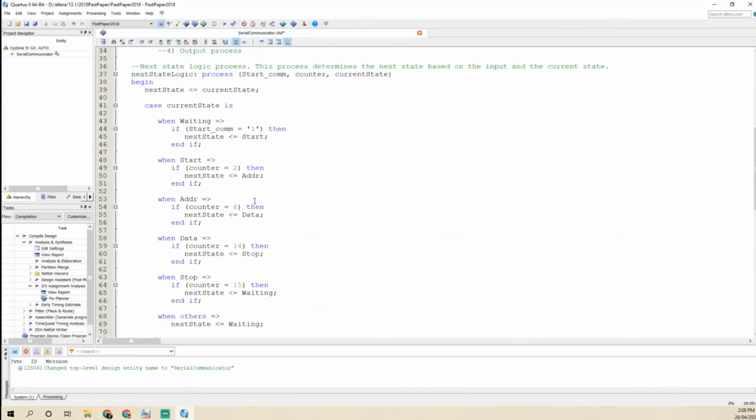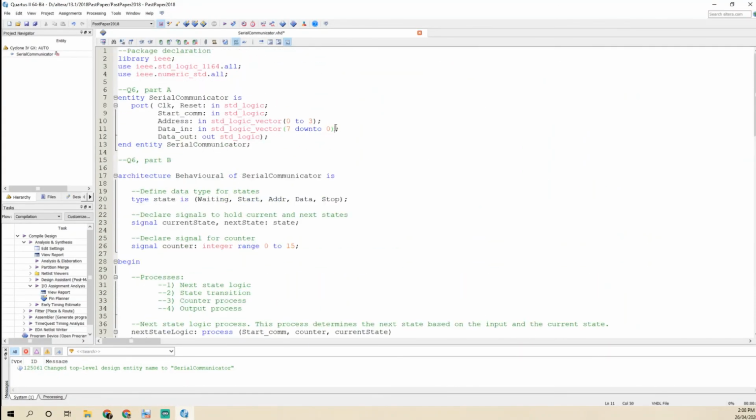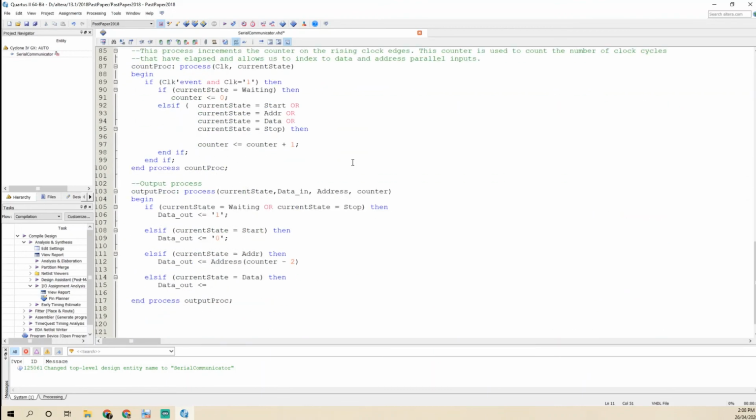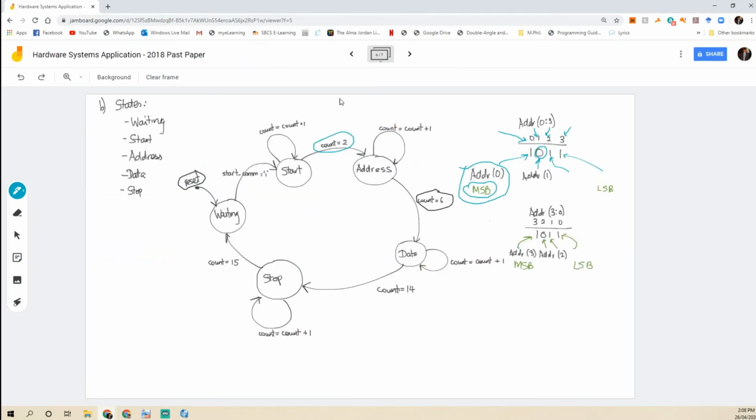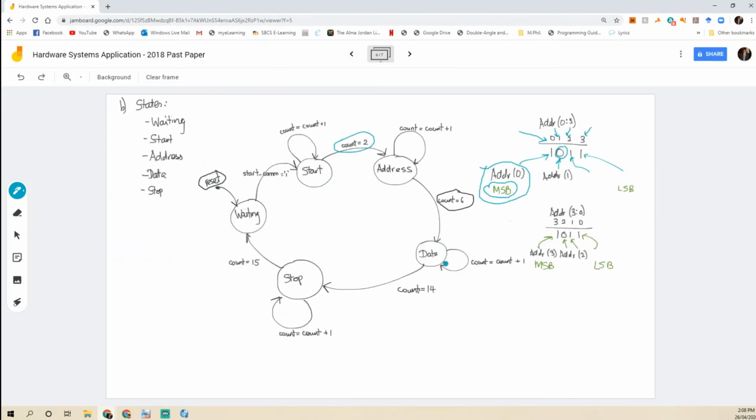Now, the reason we declared this as 7 down to 0 is that as the counter increments, when I get into the counter state here, my count value is equal to 6, which means that the count values inside of here are going to be 7, 8, 9, 10, 11, 12, 13, and 14.